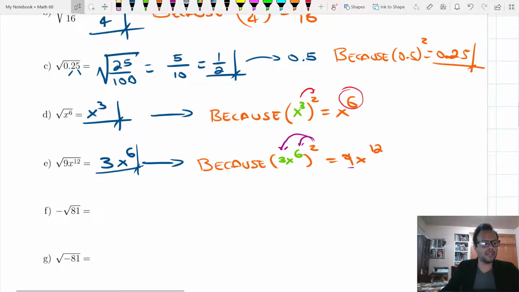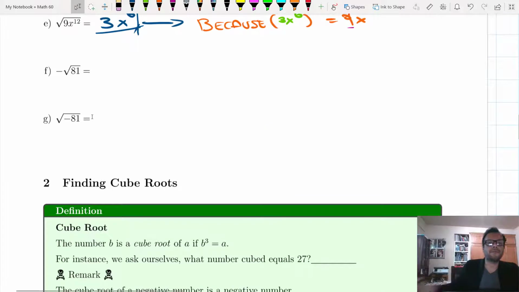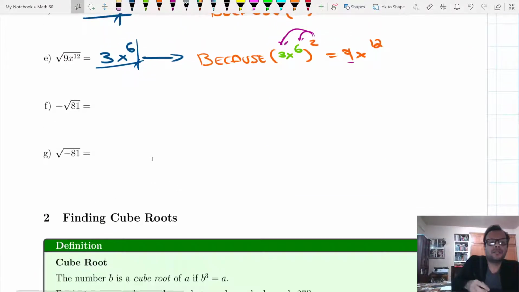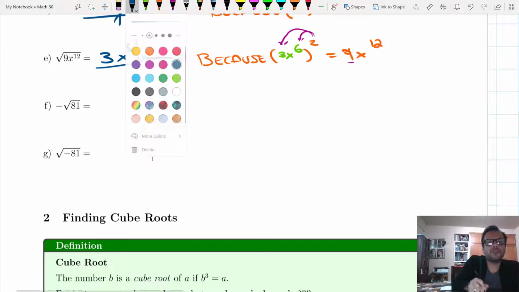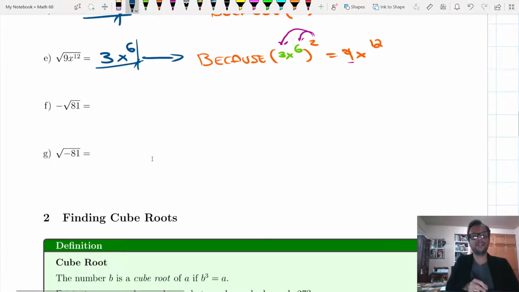All right, let's look at letter F. Okay, letter F. Negative square root of 81. So let's ignore the negative sign for a second, right? And focus only on evaluating the quantity with the radical. So the square root of 81, what's the square root of 81? The square root of 81 is 9, because 9 times 9 equals 81. However, the negative sign is outside of the radical, so it just stays.